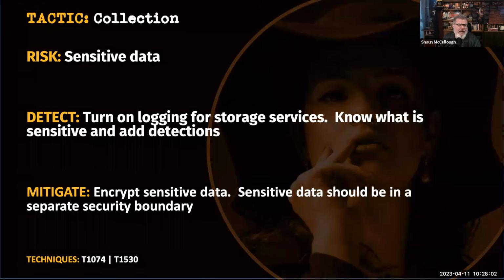How would I mitigate this? Encrypt your sensitive data with a special key that is not accessible to the CICD pipeline. Security teams, administrators, CICD pipelines, they don't really need to see sensitive data.